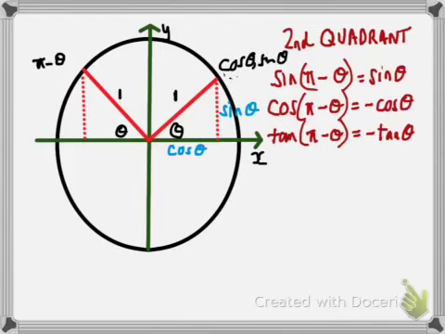Okay, so we know that distance there was sine theta, and that distance there was cosine theta. Now, let's look at this angle here, right round there. That angle that I've just indicated is the angle of pi minus theta. Why? Because there's pi and there's theta, so that angle around there must be pi minus theta.